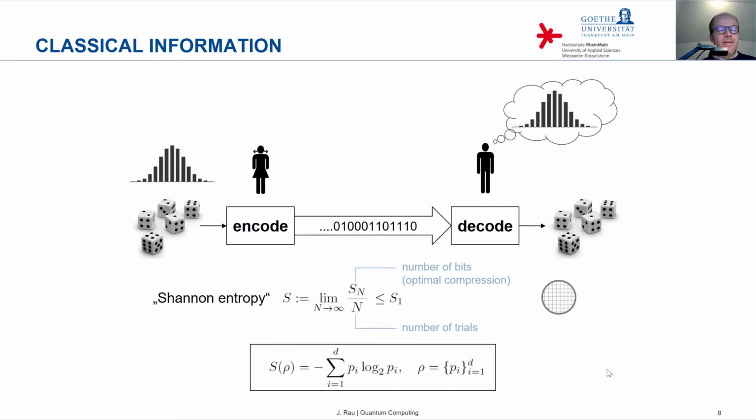So it quantifies the amount of information that Bob needs in order to be able to reconstruct the outcome of the random experiment. So it quantifies the information that he misses about the outcome of the random experiment. So it's a measure for Bob's missing information, in the same way that the Boltzmann entropy is a measure for our missing information about the microstate of a thermodynamical system.